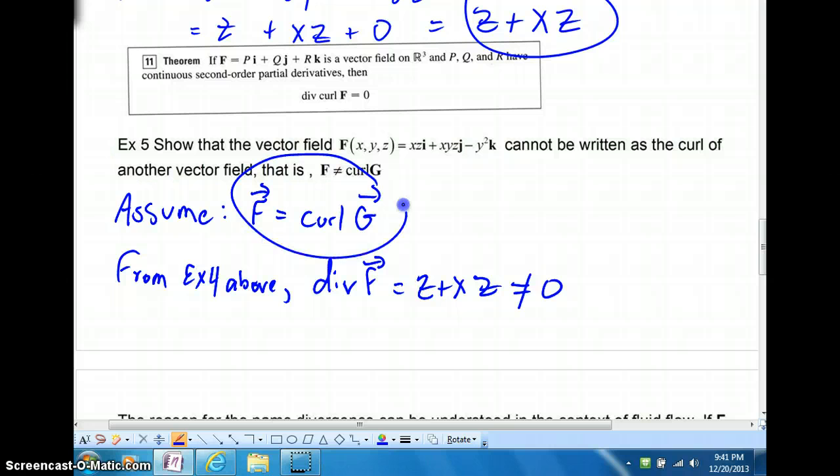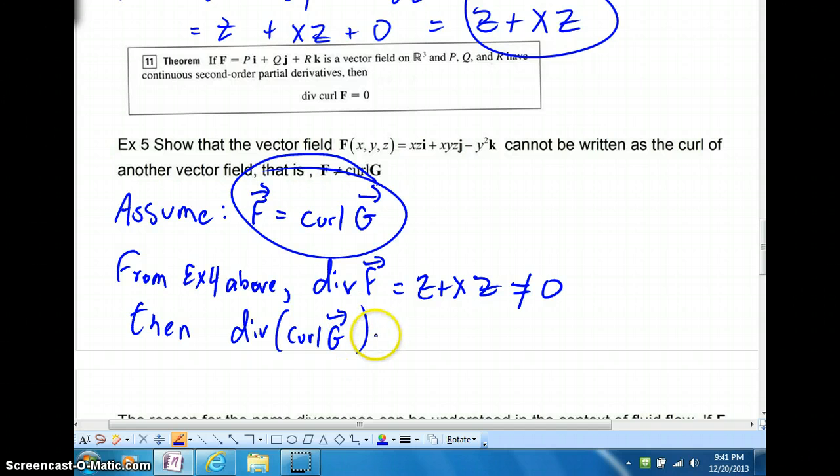If this statement was true, if where we have vector field f, it's really the curl of g, then, according to what you've just written, just replace vector field f with the curl of vector field g. Then the divergence of this curl would be z plus xz, which again is not equal to 0. But this is a contradiction.